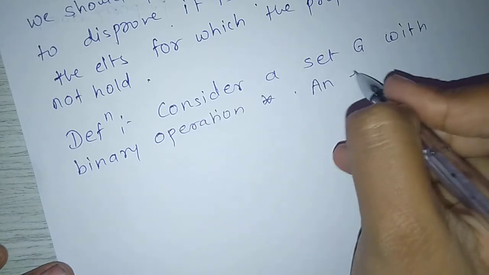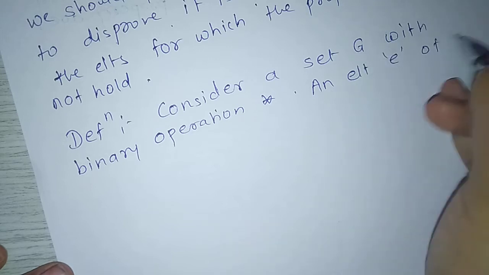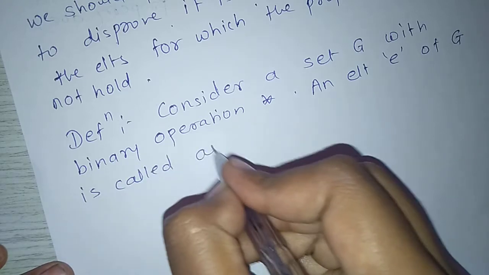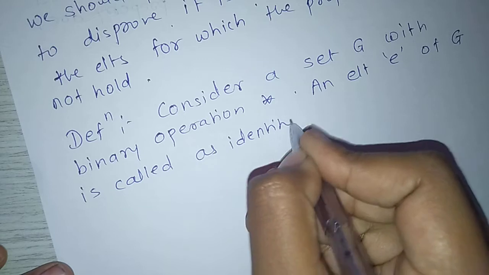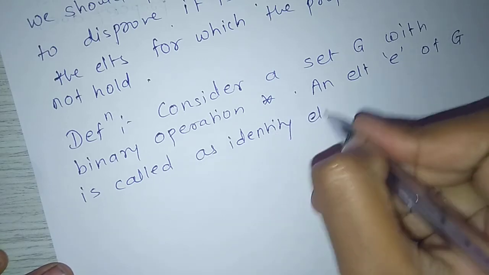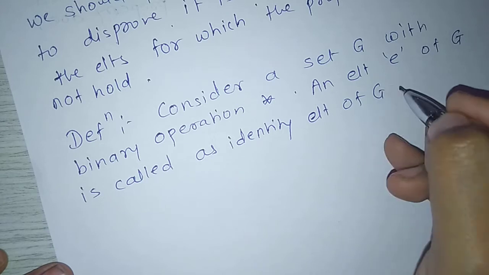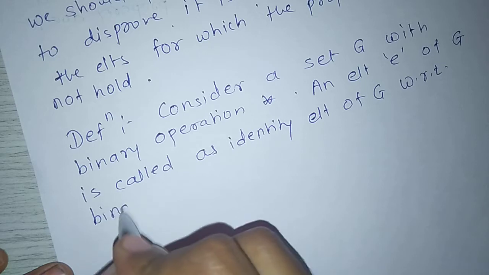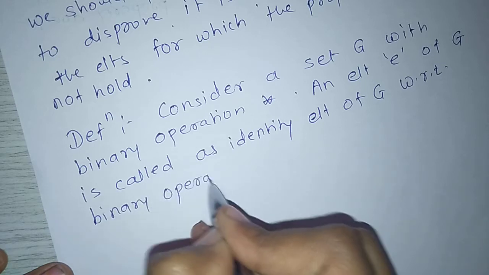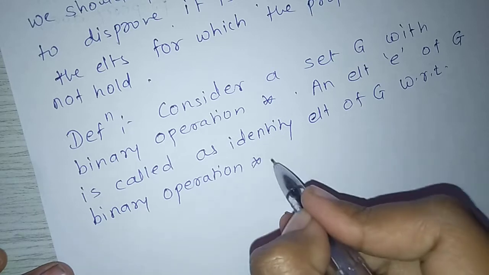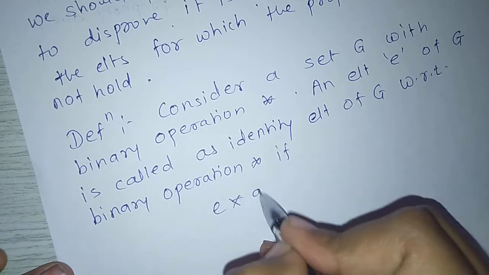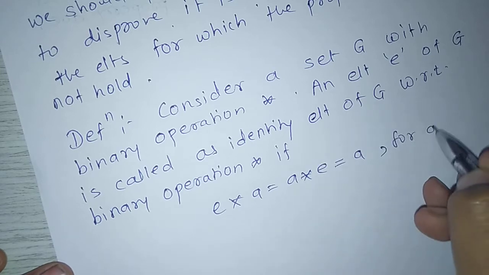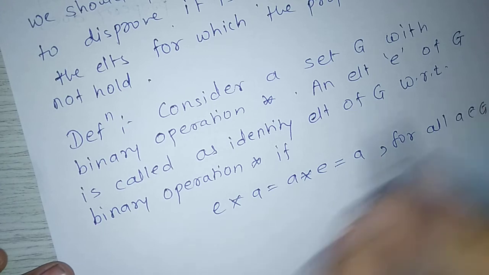An element E of G is called as identity element of G with respect to binary operation star if E star A equal to A star E equal to A for all A belongs to G.